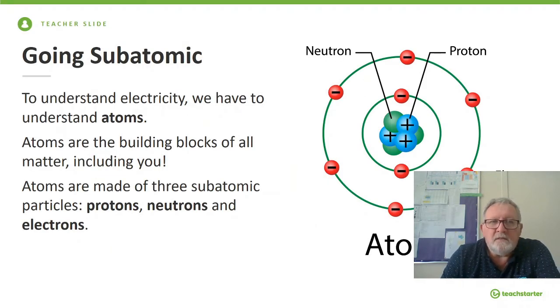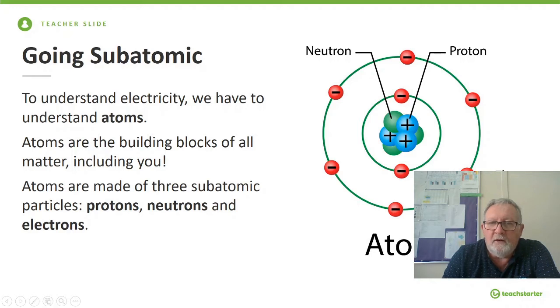So, going subatomic. Remember the prefix sub means under or within. To understand electricity, we have to understand atoms. Atoms are the building blocks of all matter, including you and me. Atoms are made up of 3 subatomic particles: protons, neutrons, and electrons.